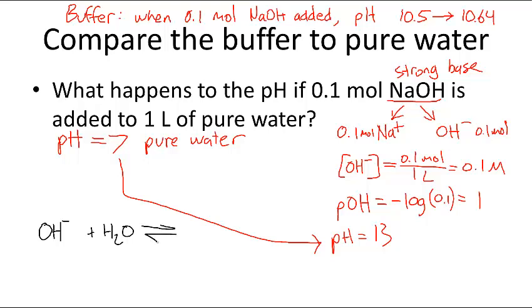If it removes a proton, what does OH minus become? H2O. And the water becomes OH minus. So the answer is yes, it does, right? But it has no net effect.